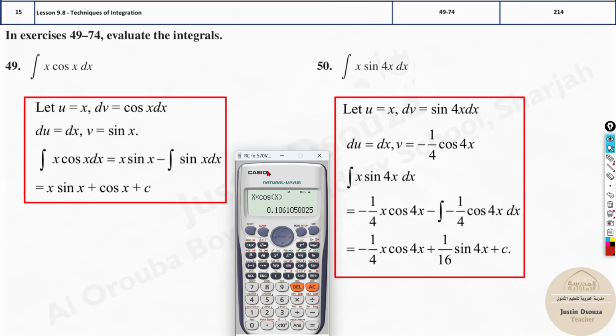You can even change the value of 1.5 to anything else, but in general I always use 1.5, and you can stick to that same value. What is the answer you're getting over here? We are getting 0.1061. So write it down: at 1.5, that is the x value, we are getting 0.1061.